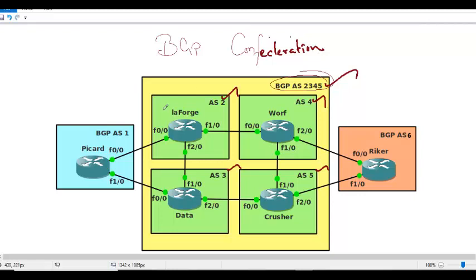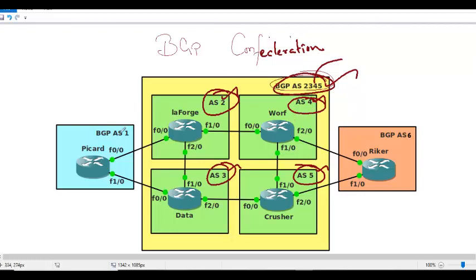So the secondary ones, the sub-autonomous systems, are not going to be exposed to the neighbor autonomous system. They all form an alliance and they represent this number 2345.